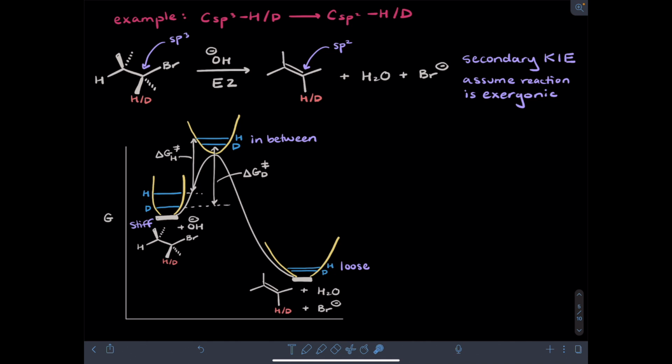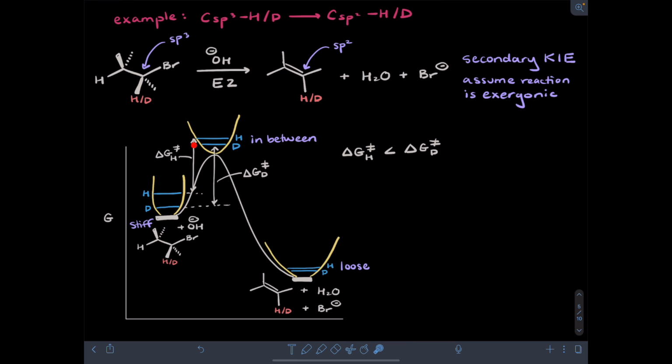I would call this delta G double dagger for the C-D bond. And I can do the same thing for hydrogen. I measure from the hydrogen energy level starting out up to the hydrogen level of the transition state. You could think about the hydrogen in the starting material having a boost up compared to deuterium due to this large 0-point energy difference.